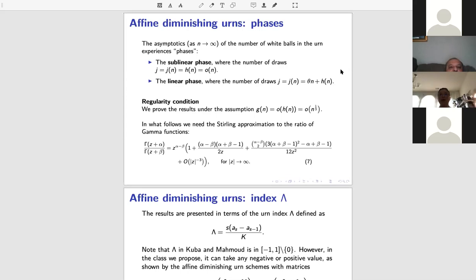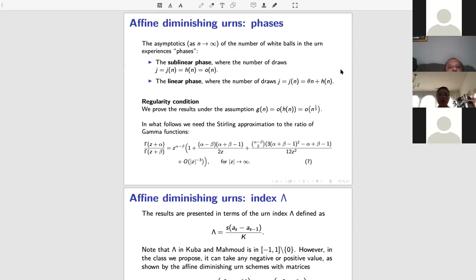And to do the analysis for affine diminishing Ergs, we impose some regularity conditions. We assume that g_n, which is the lower order term for the white proportion, is little o of h_n, which is the lower order term for the drawing process, and all these are little o of n^(1/3).